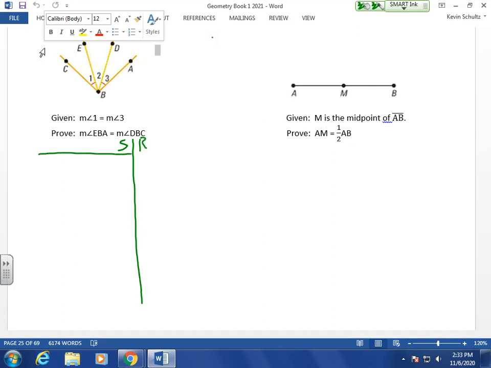And we begin with what we know. We know that the measure of angle 1 is equal to the measure of angle 3. We know that because it is given to us. All right. Let's introduce EBA or DBC. What do we know?